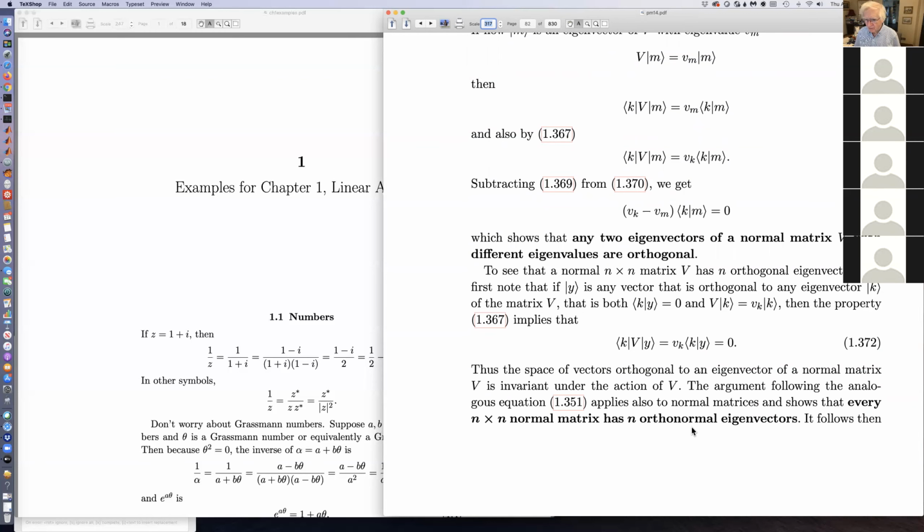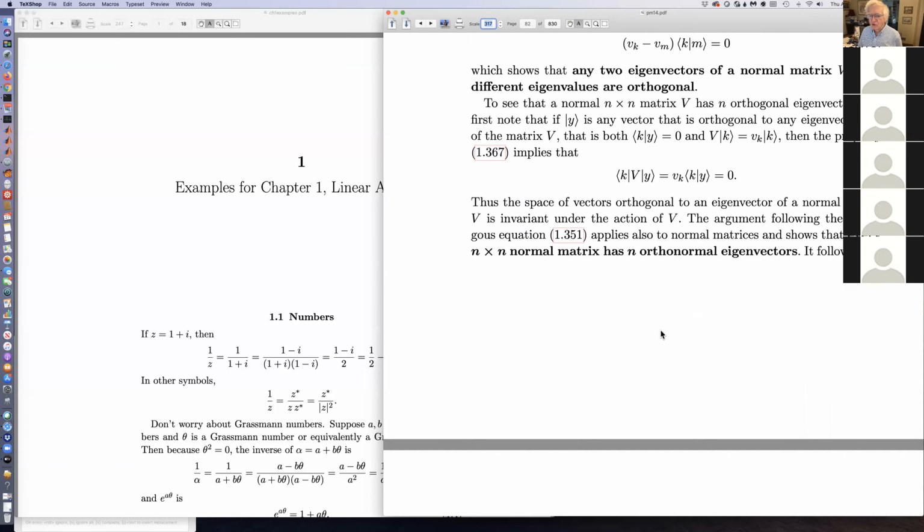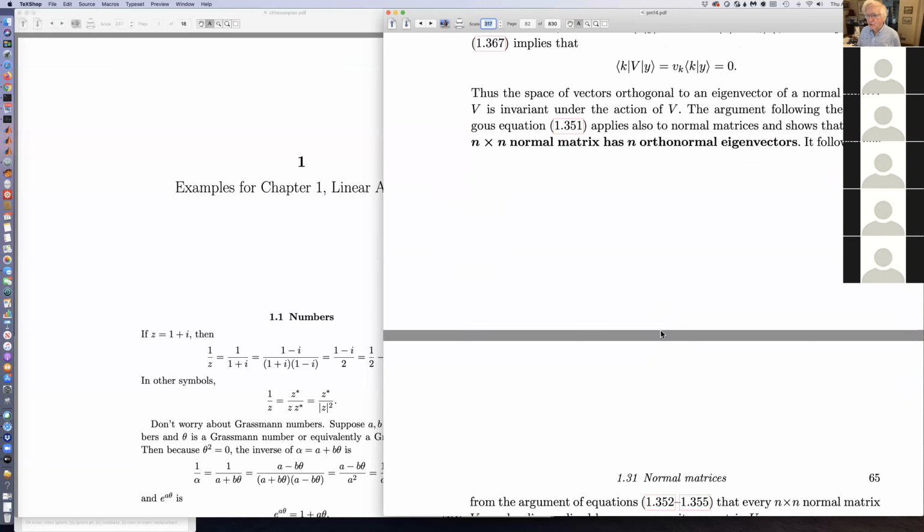To see that a normal n by n matrix has n orthogonal eigenvectors, we first note that if y is any vector that's orthogonal to any eigenvector, then we have this result here. So the space of vectors orthogonal to an eigenvector of a normal matrix is invariant under the action of the normal matrix. And so following the same argument as before, we find that it has n orthonormal eigenvectors.